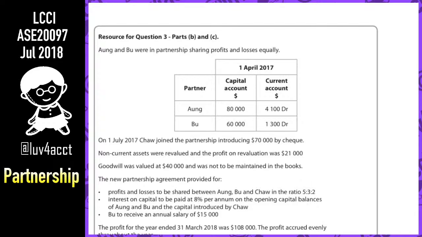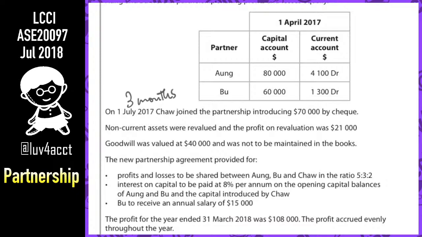Okay, April, May, June, and then July, that is 3 months. Joined the partnership by introducing 70,000 by check. Non-current assets were revalued and the profit on revaluation given to you directly, okay, 21,000.